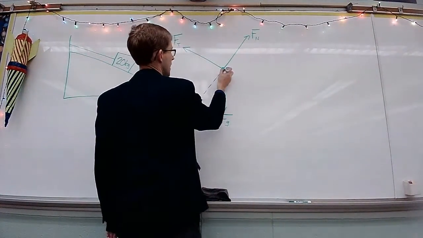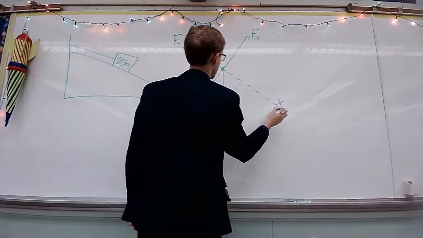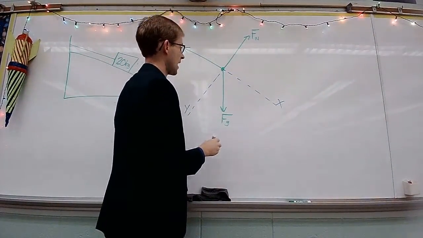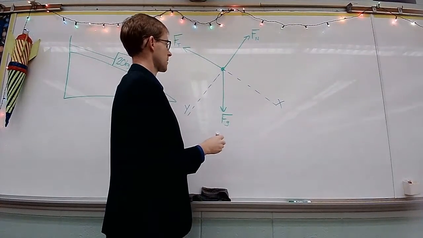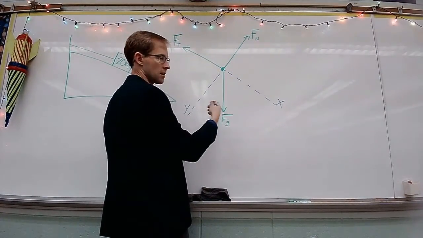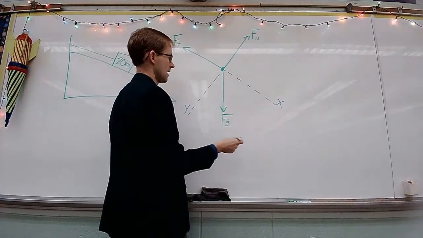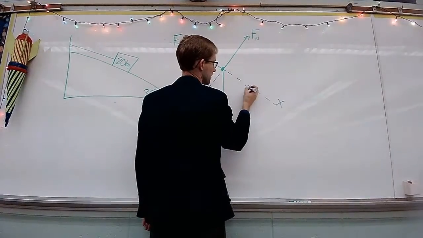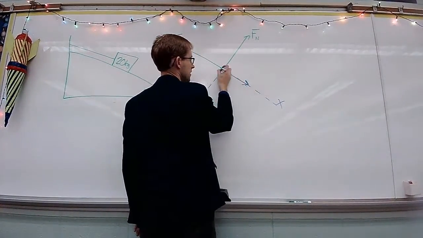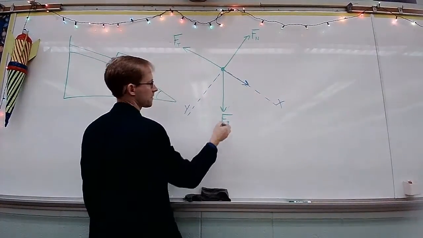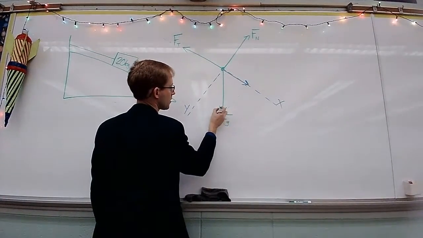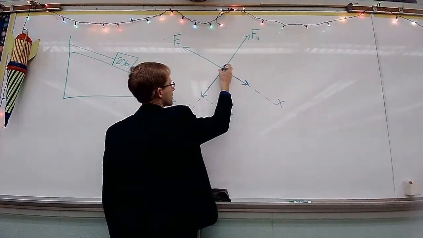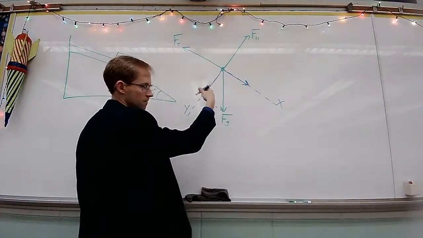It's my new y-axis. My x-axis is going to match up with the tension force. And from there, I'm going to create my force of gravity in the x and y directions. And the way you do that is you draw a little dotted line that gets to those new axes. And if it hits it at a 90-degree angle, you can use that to draw your force of gravity in the x and y direction the appropriate length.